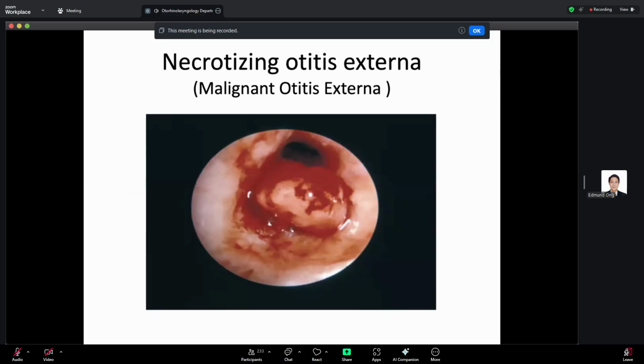Now we have necrotizing otitis externa, or what we call malignant otitis externa. So even if this is called malignant otitis externa, this is not cancerous at all, okay?